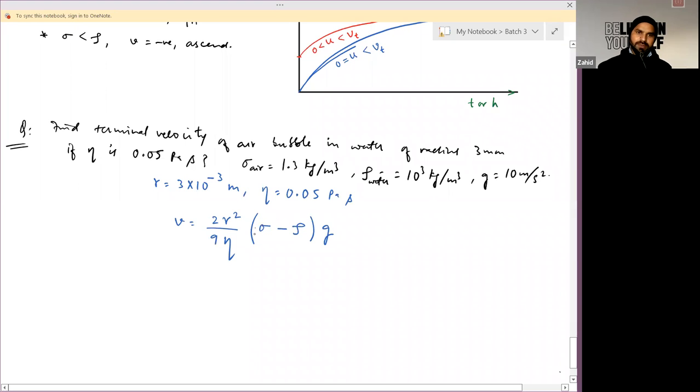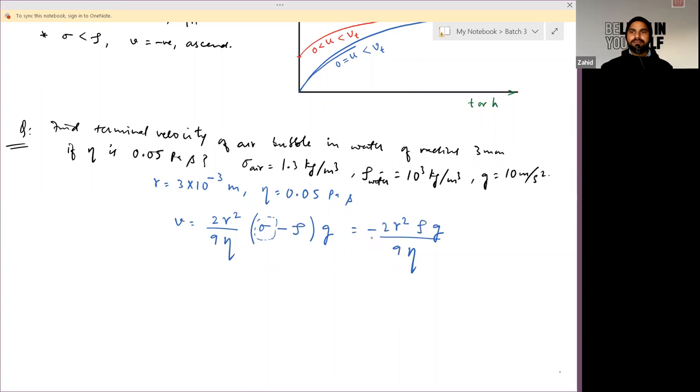So just neglect this particular sigma in comparison with rho, and now put all the values. It will be minus of 2R squared rho g by 9 times eta. This negative sign of velocity means the object will be ascending. It means the bubble will be rising up. Is it clear?